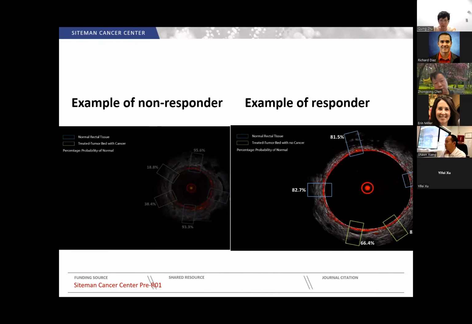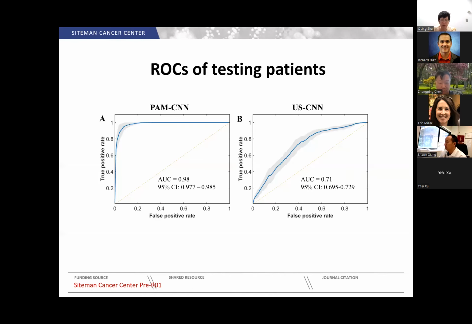Okay, so with that, I think I'll just summarize quickly. We also have this ROC based on the testing patient regions of interest. We achieved quite a high detection based on the photoacoustic signal, an AUC of 0.98.